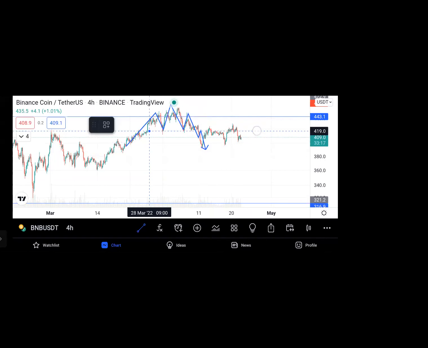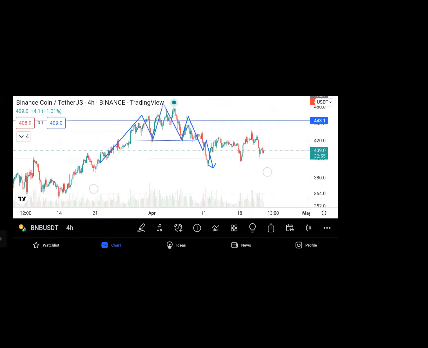You can see the neckline here. You can see that's a real example.